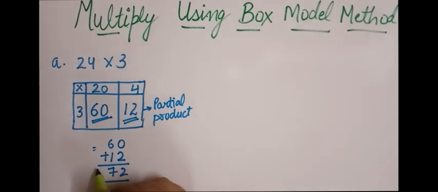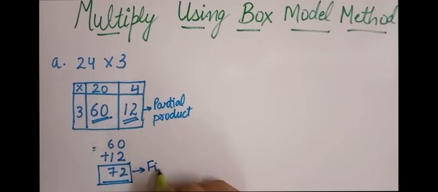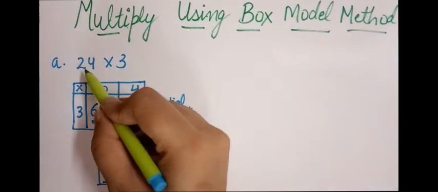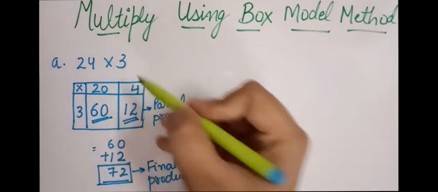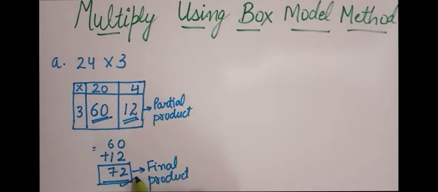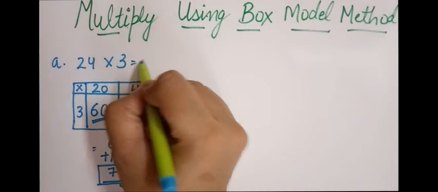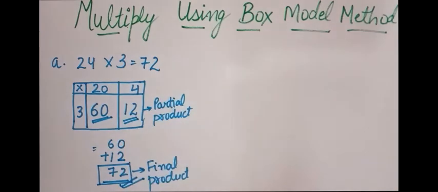That means this 72 is my final product. Whenever we multiply 24 by 3, the product is 72. This is the final answer. So this is how we can do the box model method.